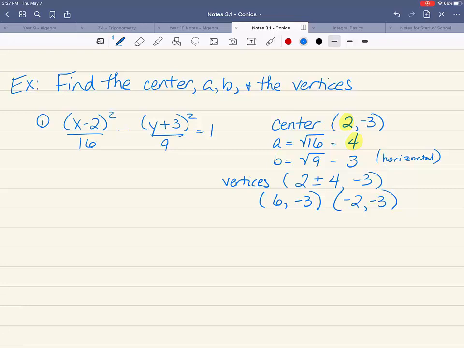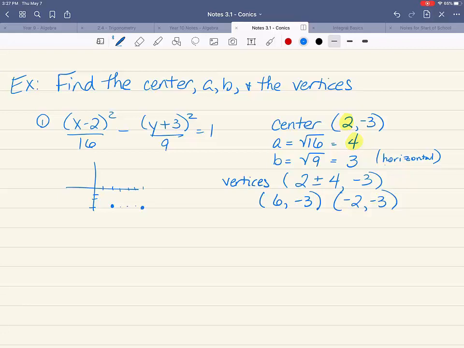Now, if you're having trouble picturing what I'm talking about, let me give you a graphic of this. So our center is at 2, negative 3. There it is right there. Because x is first, that means it's going to be a horizontal hyperbola, which means we're going to go right and left to get our two vertices. So since A is 4, I'm going to go 4 units to the right. 1, 2, 3, 4.